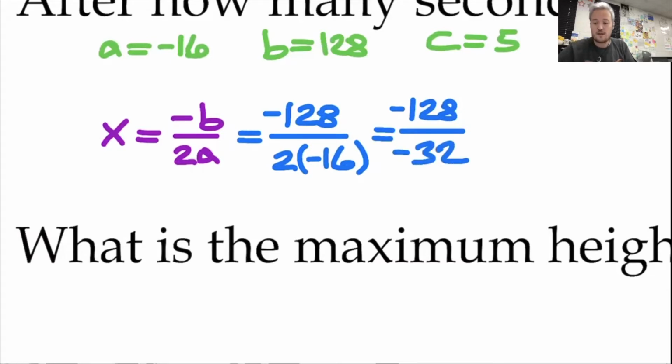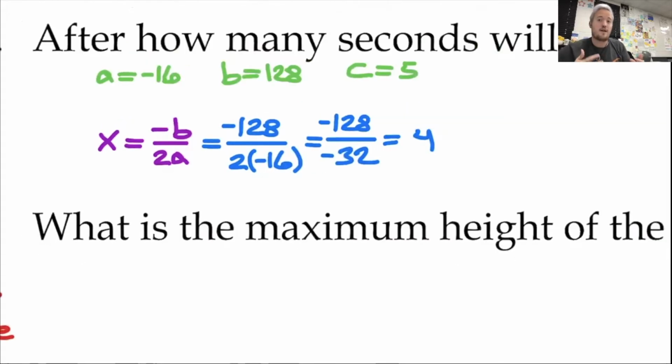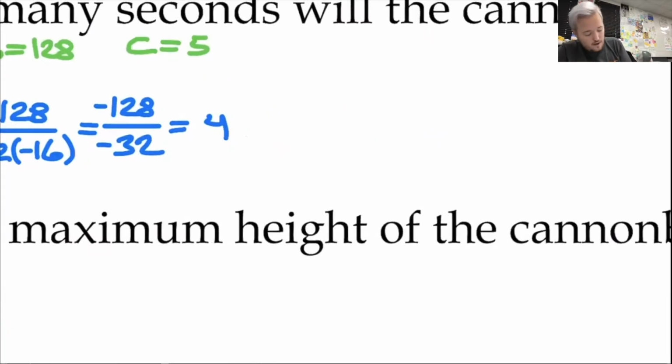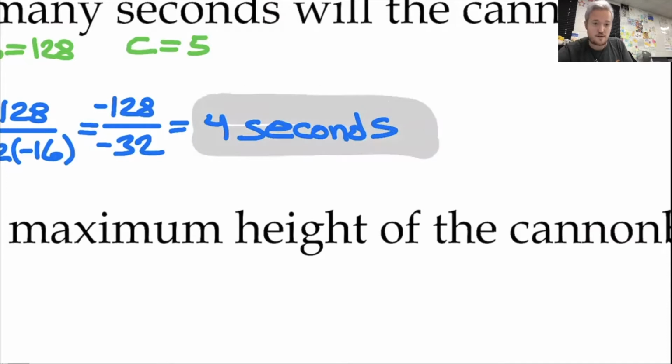And you can just plug that in, and I believe you get 4, but should I make sure? Because you know how I am. Yep. So we get 4. Now remember, you have to have units. So after how many seconds will it reach its maximum height? So at 4 seconds. So 4 seconds is going to be your answer here for this part.